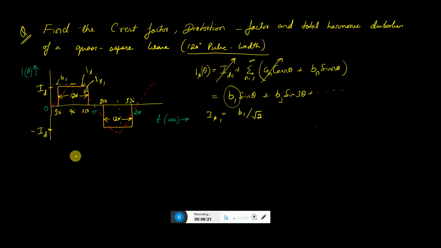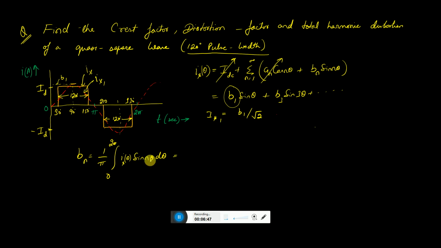So what's the value of B1? B1 is nothing but the fundamental, or let us say find out Bn first. So Bn is 1 by pi integration of 0 to 2 pi i(theta) and sine of n theta d theta. That's the value of Bn.